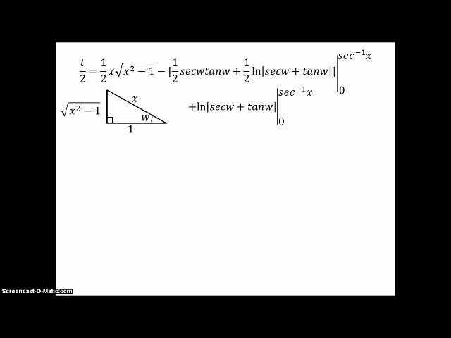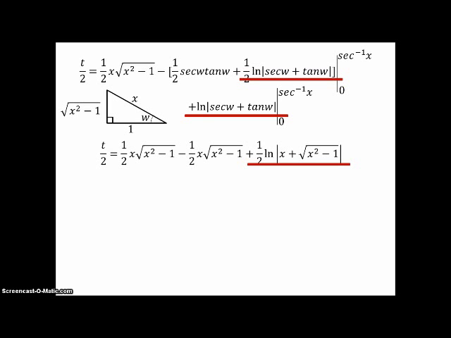So if I use x for u, the secant of w would be the hypotenuse over the adjacent leg. So that's x over 1. And then solving for the other leg, we get the square root of x squared minus 1. And so I can fill in x for secant w, and for tangent w, the square root of x squared minus 1. And combine those two log quantities of secant w plus tangent w. So doing all of that, I get this expression.